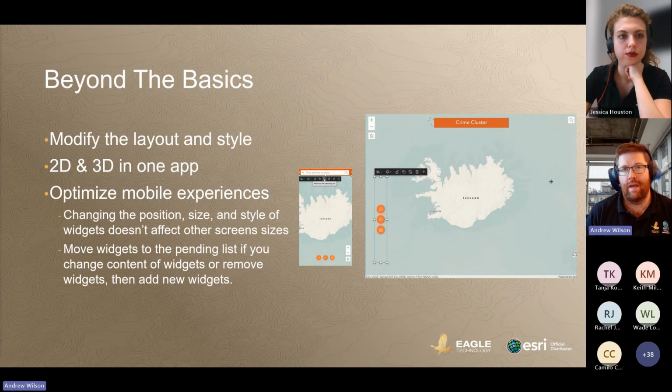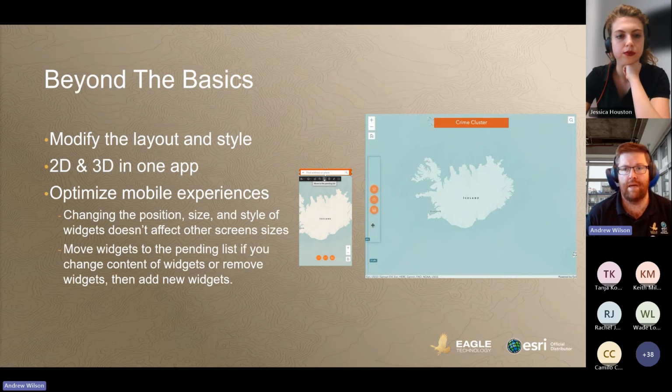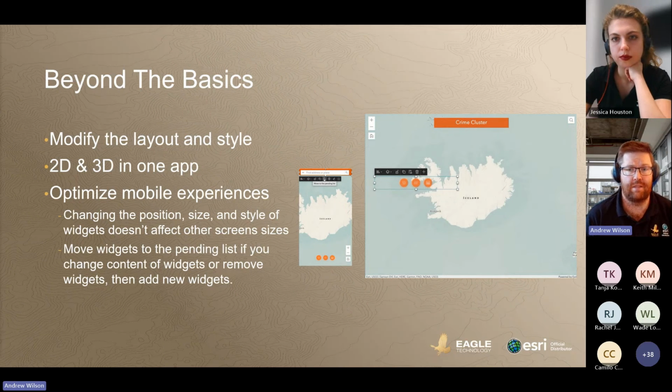2D and 3D in one app, that's another advantage that we have with Experience Builder. So again, as previously mentioned, as 3D elevation data has been made more and more easily available to us, we're now looking at 3D applications and how does this look.